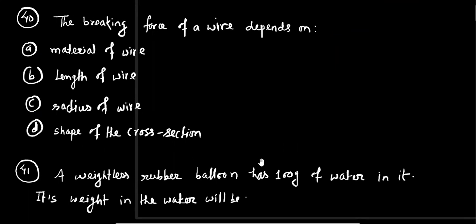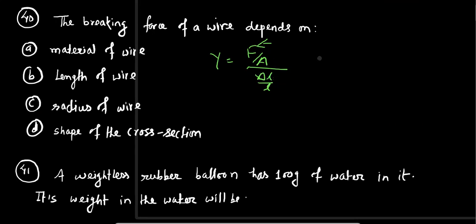Now question number 40. The breaking force of a wire depends on... As we know, Young's modulus is force per unit area. This force we can suppose to be the breaking force, because if we go on increasing the force, ultimately any kind of wire will break. So force per unit area, divided by change of length per unit original length.